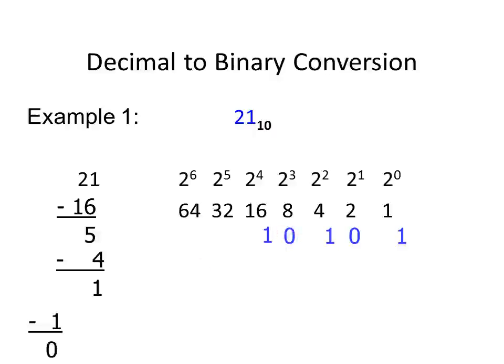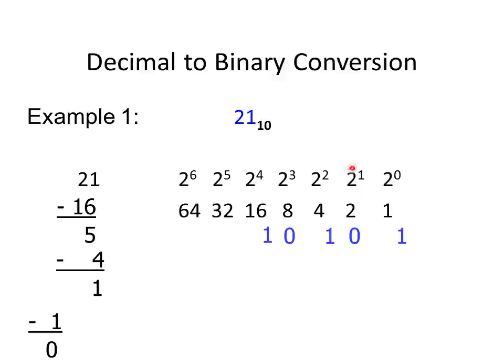Next 1, we have to reach 0. So 1 is subtracted from 1 and it becomes 0. Now the value of 1 is 2 to the power 0. So place a 1 here. Now to reach from 1 to 0, we do not use 2.